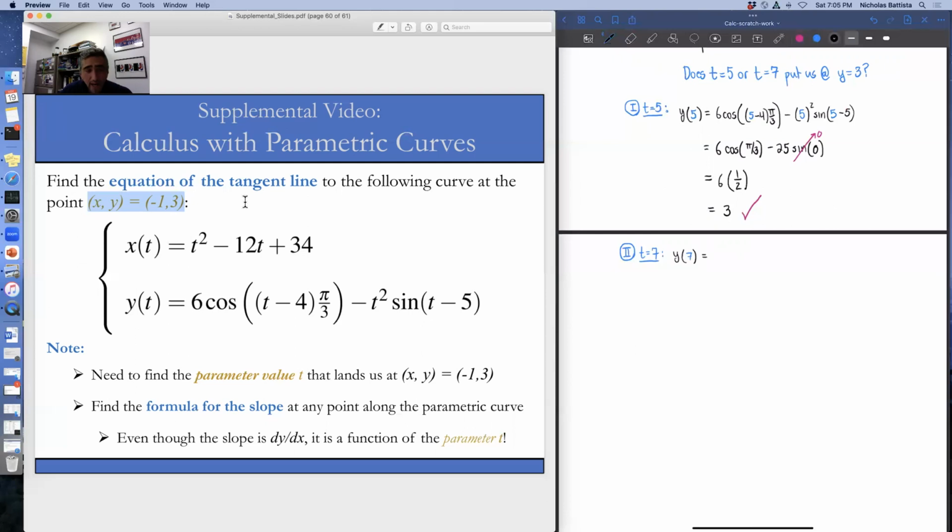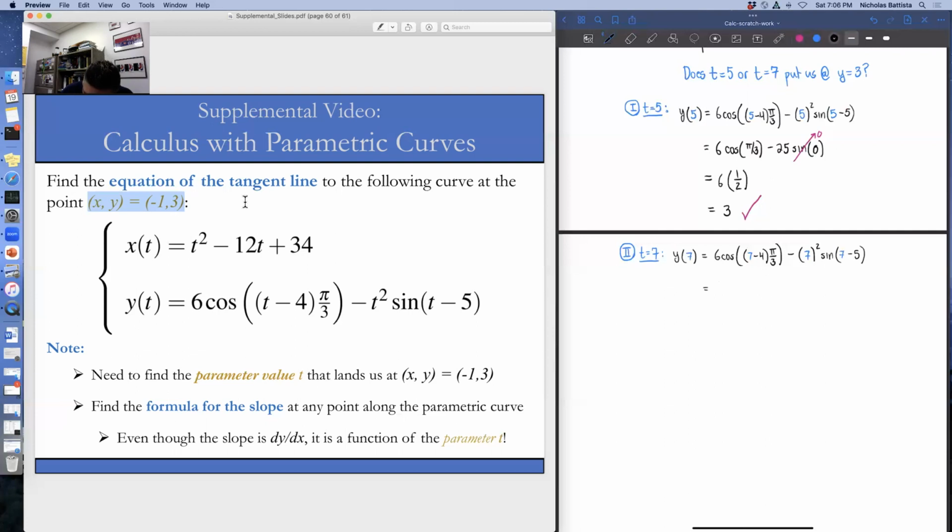So just evaluating our y function at t is 7, we'll get 6 times the cosine of the quantity 7 minus 4 times pi over 3, minus a 7 squared times sine of 7 minus 5. All right, let's see what this whole thing reduces to.